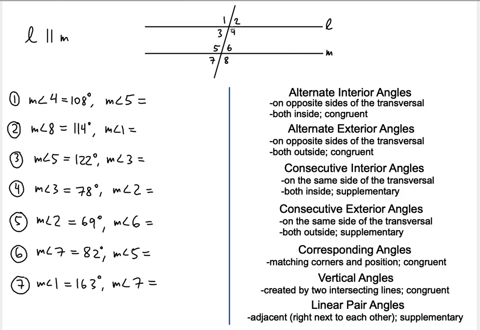They will be on the opposite sides, in general, of intersecting lines. They will not be on the same side of any line in question. They will be on different sides of the lines. Right? So as you can see, 4 is on the right side of the transversal, 1 is on the left side. And they're mirror images of each other. And by definition, this is the reason why vertical angles are congruent.